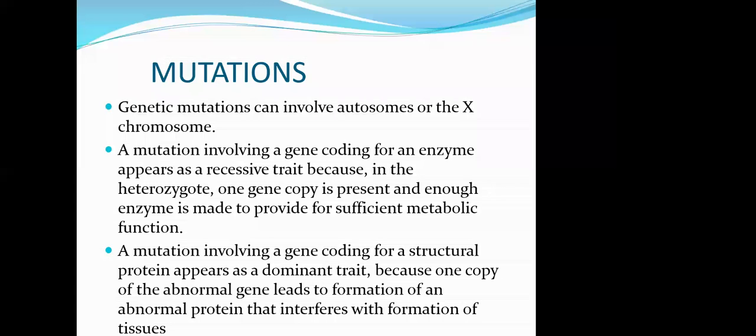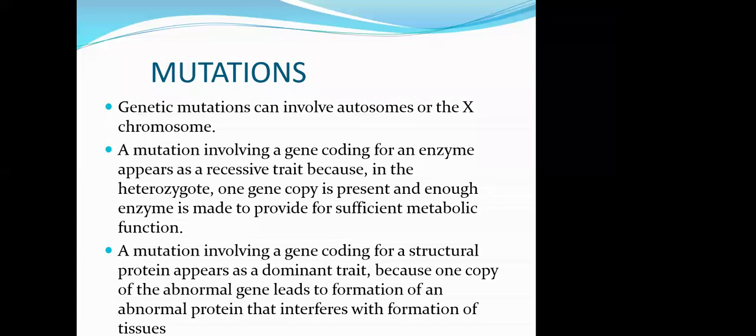Meaning that since we have a pair, we have a similar gene on either side of the chromosomes. So those that appear as a recessive trait means that there have to be mutations on both. And remember that one of these genes is from the father and another one is from the mother. So for you to get a recessive trait, there have to be mutations on both alleles.